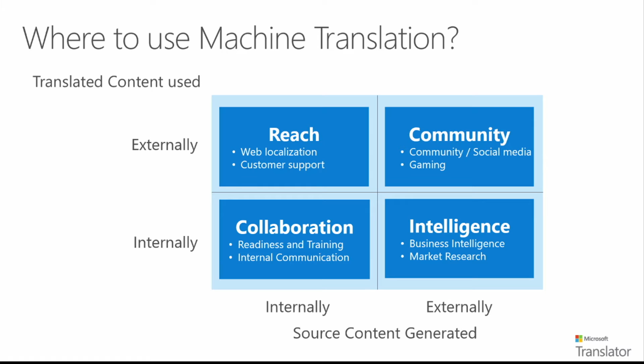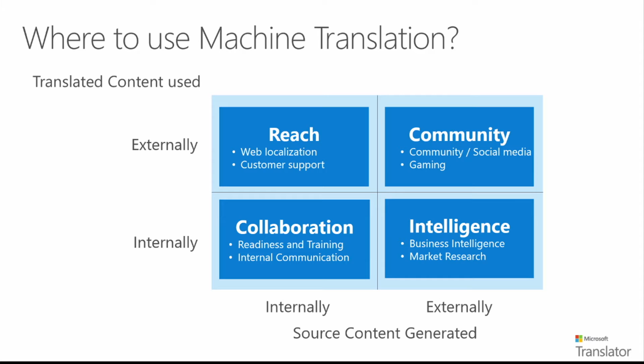So where would you use automatic translation? In external communication, to extend your reach, to reach audiences that are otherwise not available for a decent ROI. It is helpful when you want to encourage your community to talk to each other.